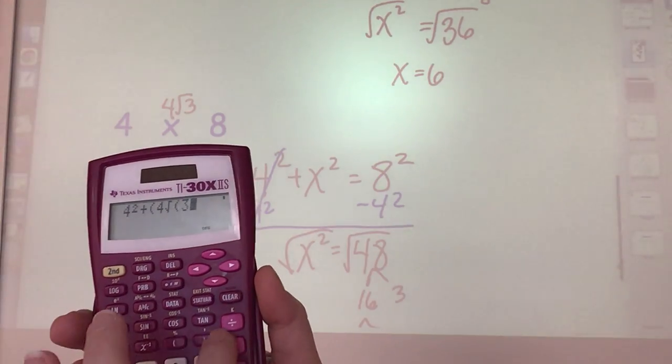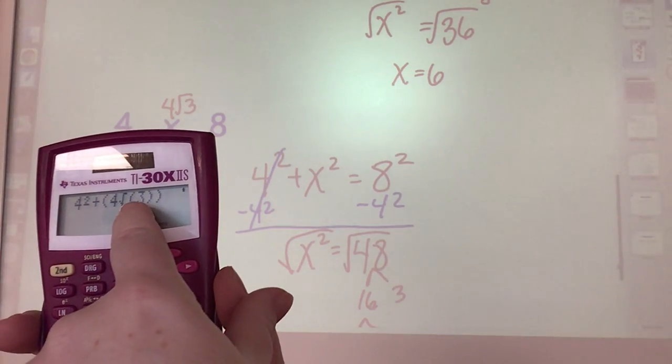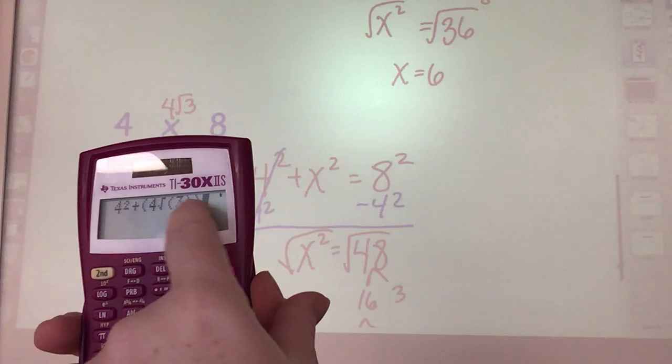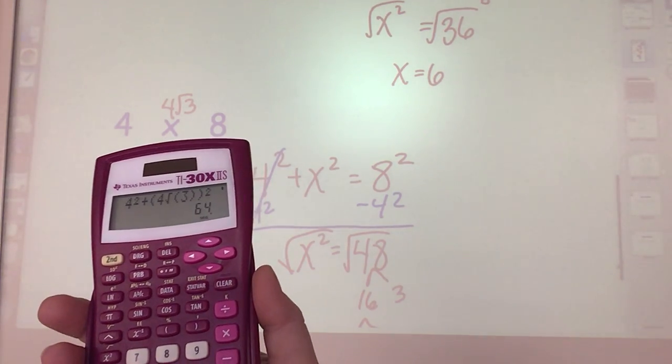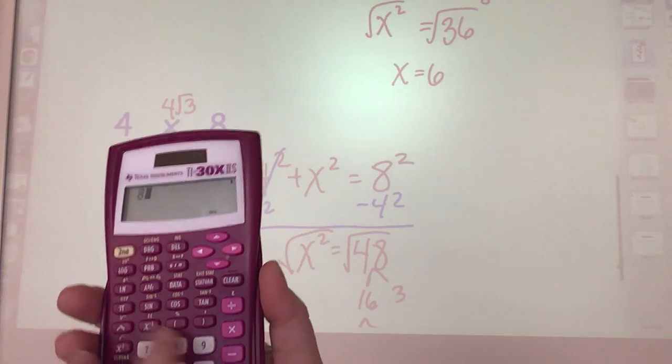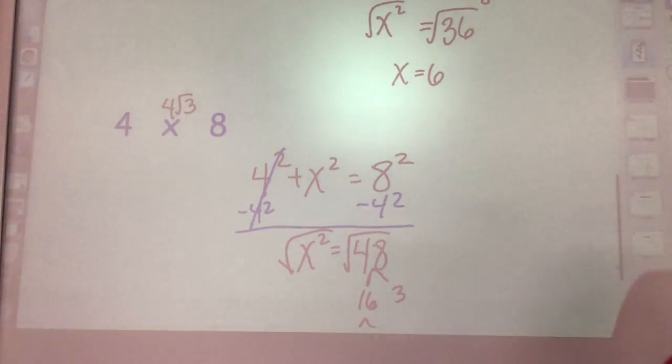If you have a calculator like mine, my calculator gives you a parenthesis at the square root, so you need them doubled. What is 4 squared plus 4 squared of 3 squared? It's 64. What is 8 squared? It's 64.